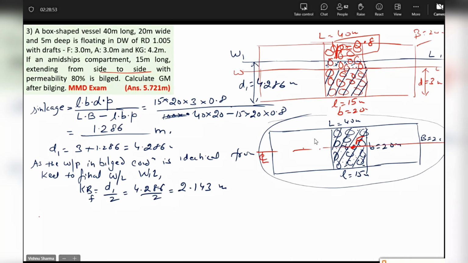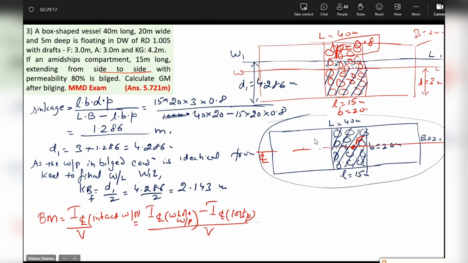Agreed. Now BM will be equal to ICL of the intact water plane upon V. This will be equal to ICL of the whole water plane minus ICL of the lost water plane divided by V. Next, I put in the notational form. For the whole area, it will be LB cubed by 12. For the lost water plane, if there was no cargo, it shall be LB cubed by 12.